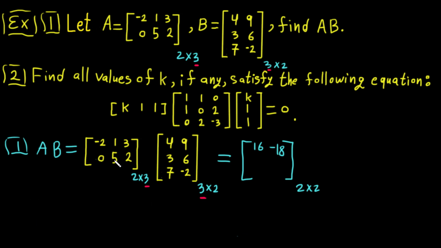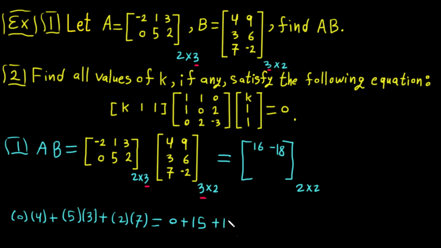Now we will multiply this row by this column to find this entry. So 0 multiplied by 4, plus 5 multiplied by 3, plus 2 multiplied by 7, equals 0 multiplied by 4, which is 0, 5 multiplied by 3, which is 15, 2 multiplied by 7, which is 14.